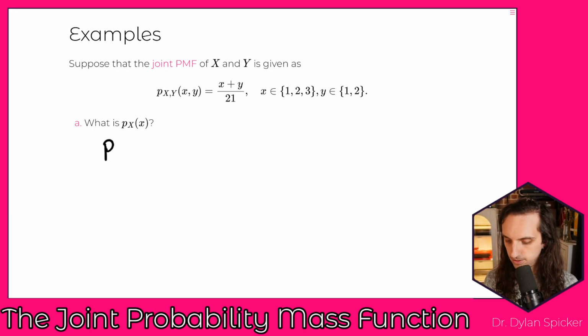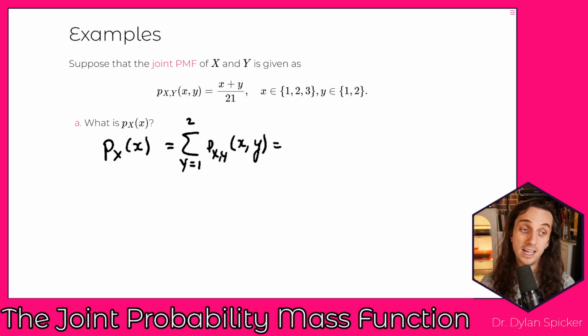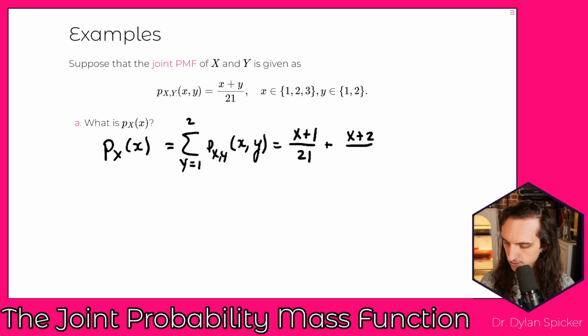We want the marginal probability of x, which is equal to the sum over all of the possible values for y, so y equaling 1 up to y equaling 2, of our joint PMF. We plug in x and keep y as the summation index. When y is 1, we get (x plus 1) over 21, plus, when y is 2, (x plus 2) over 21. That gives us our full sum.